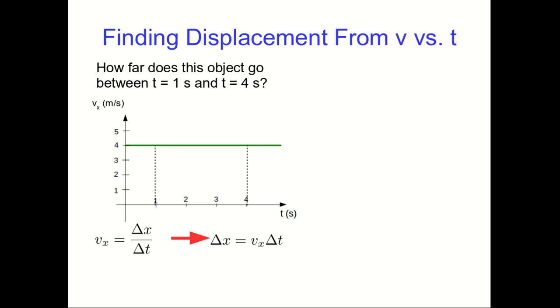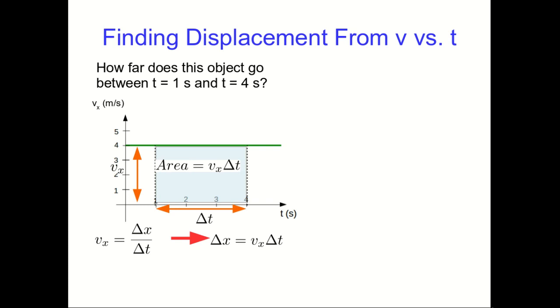And so, look at how we can interpret that on the graph. The Vx is this height on the graph, and the delta t is this width on the graph, and we're multiplying them together. So in fact, what we're finding is this area under the Vx versus t line on the graph. Well, that works here.